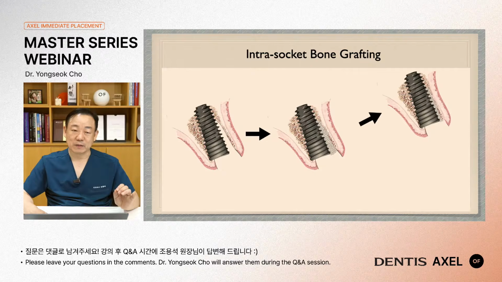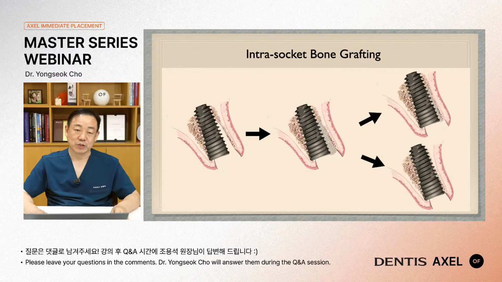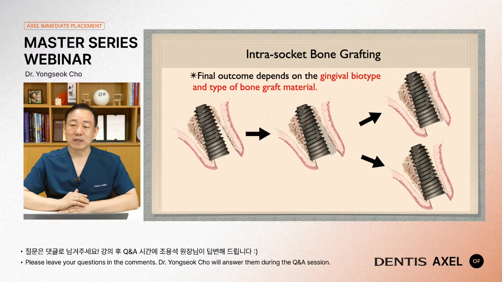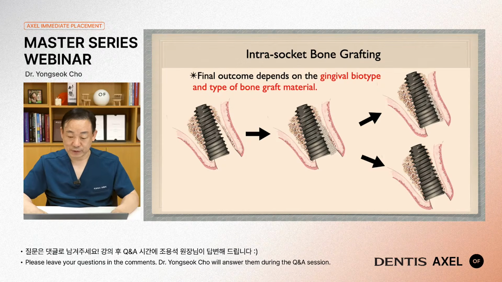Although this is not a perfect solution to preserve labial volume, because we cannot prevent resorption of the bundle bone, with intra-socket bone grafting we can reduce the amount of resorption by about 0.5 to 1 millimeter compared to no bone grafting. The final outcome depends on the gingival biotype and the type of graft material.